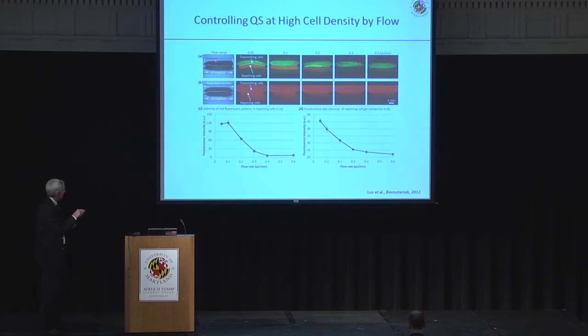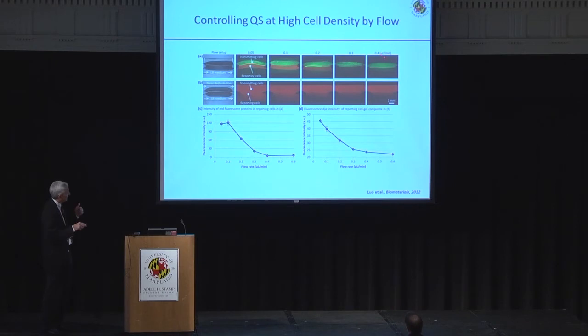And so what's shown here is a series of slides where the flow rate of media in the bottom channel, LB media, is fixed for a long period of time. And so this is after about 18 hours at different flow rates, and the flow rates are increasing. So at low flow rate, all the cells are responding because AI2 is diffusing from these cells to these cells, and they're making red fluorescent protein.